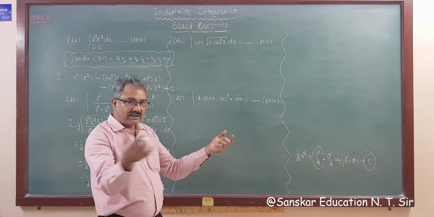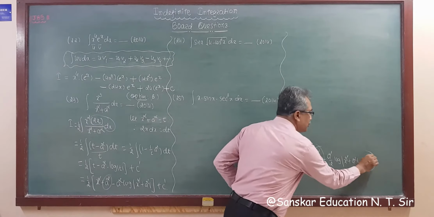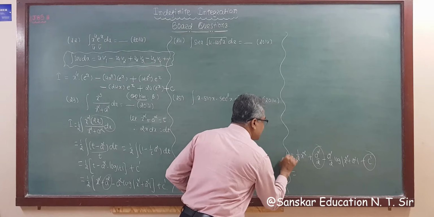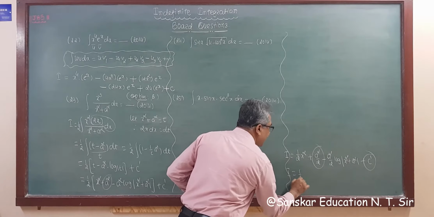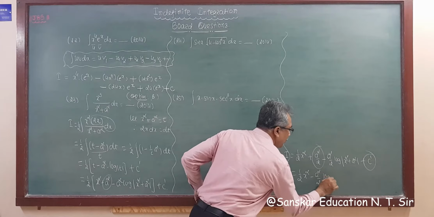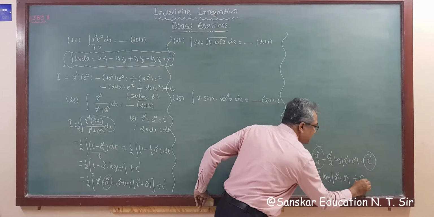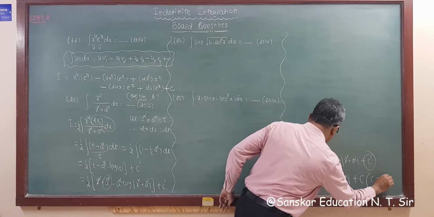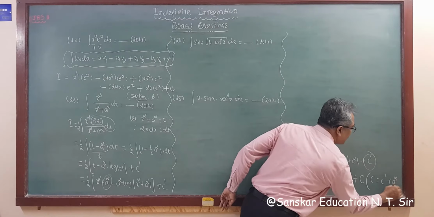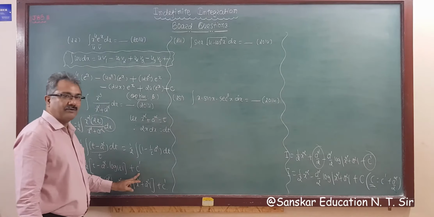So making them together, I'm putting here c dash. So the answer will be half x square minus a square by 2 into log mod x square plus a square plus c, where c is equal to c dash plus a square by 2, because c is your arbitrary constant. This c dash is your arbitrary constant.